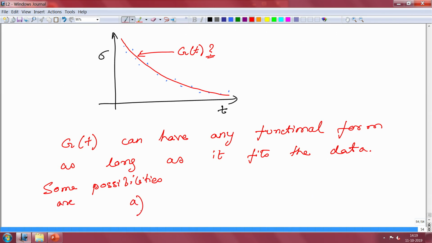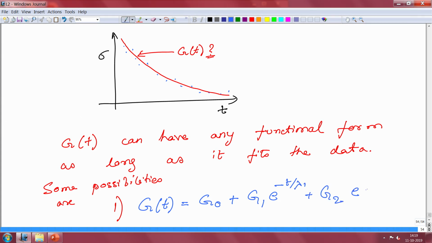Some possibilities are: G(t) can be expressed maybe in the form of a series, where each of these is a term, and there can be perhaps n terms in there.